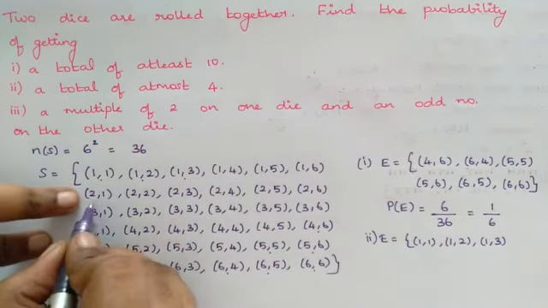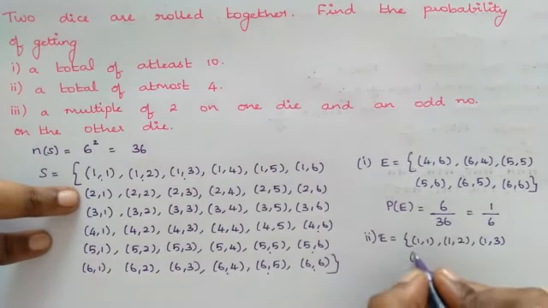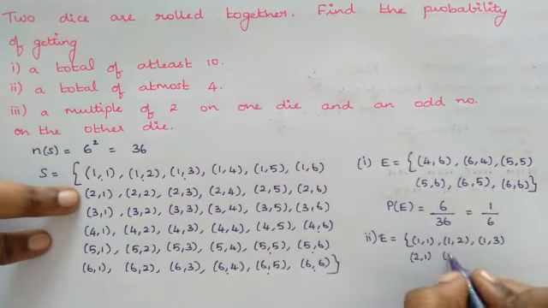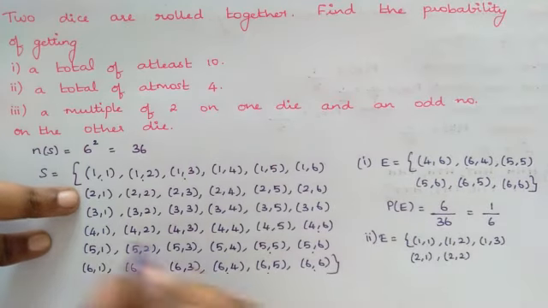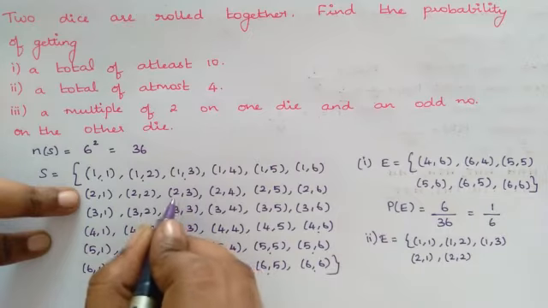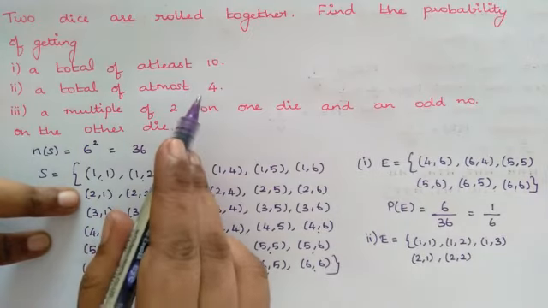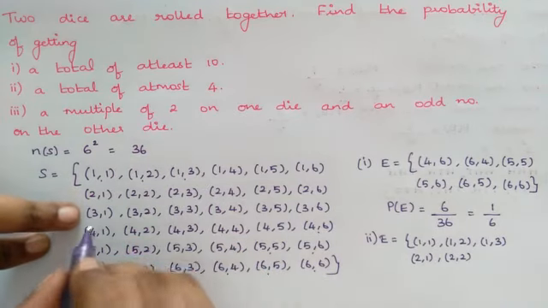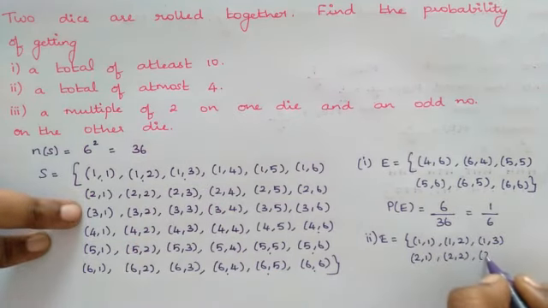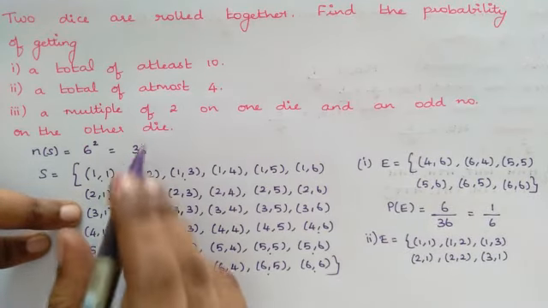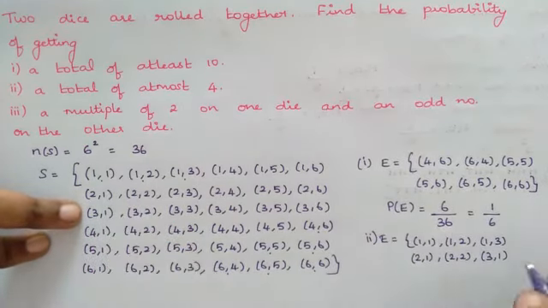Now come down, 2 comma 1 where the total is 3, so we can include. 2 comma 2, the total is 4, so we can include. 2 comma 3, the total becomes 5 here, children, it is greater than the 4 which we want, so we are not going to include this. Next 3 comma 1, what is 3 comma 1? 4 again. 3 comma 2 becomes 5 which is greater than 4 which we need.